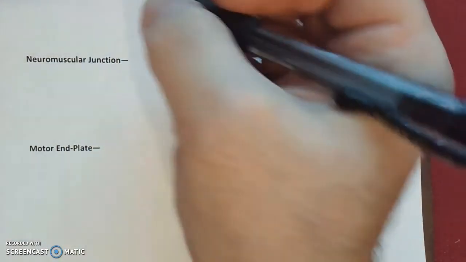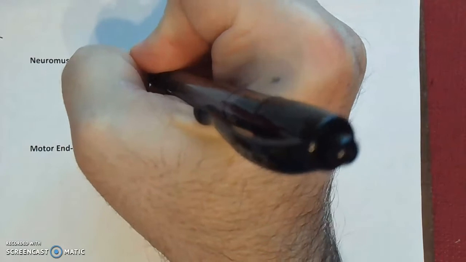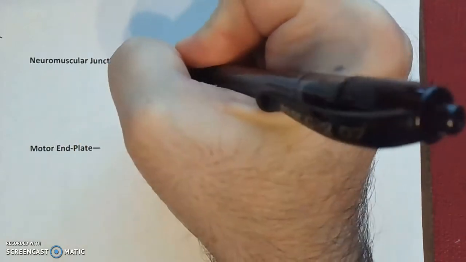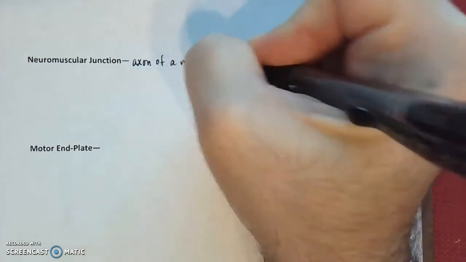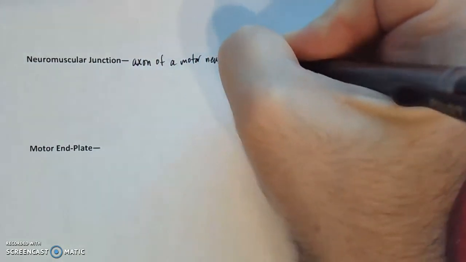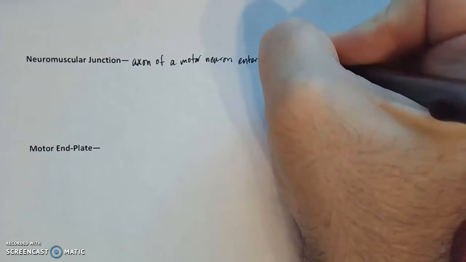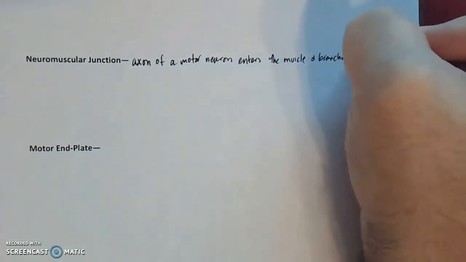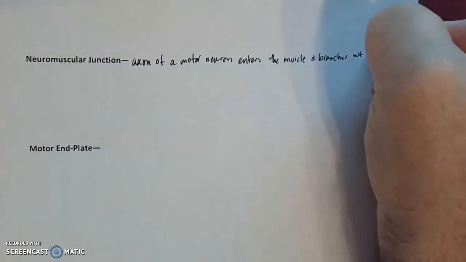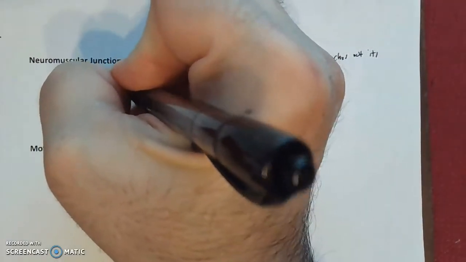So at the neuromuscular junction, the axon of a motor neuron enters the muscle and branches out its presynaptic terminals.